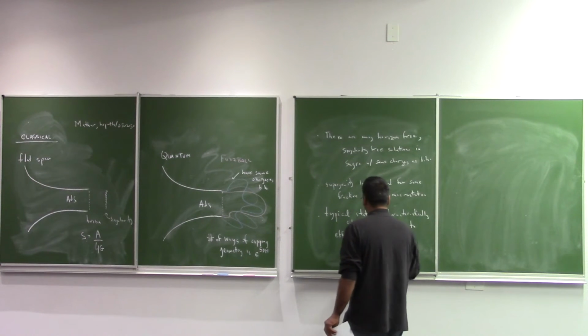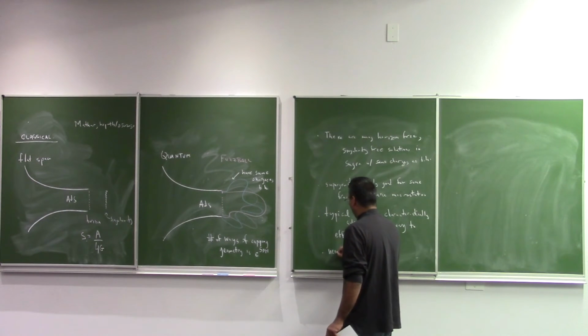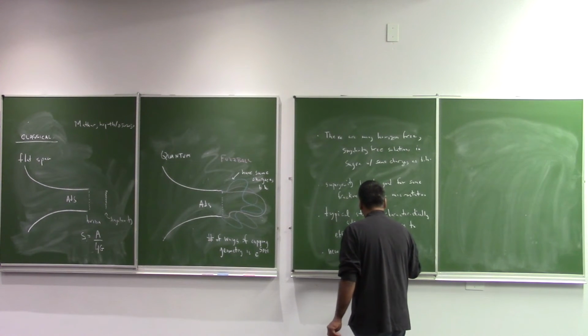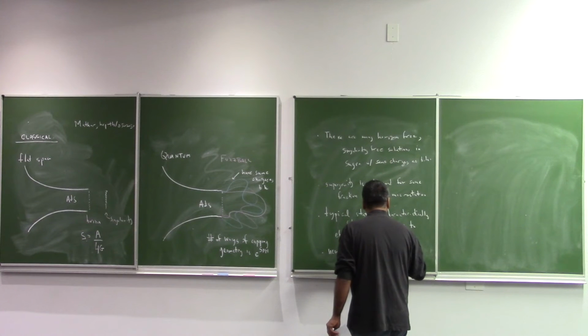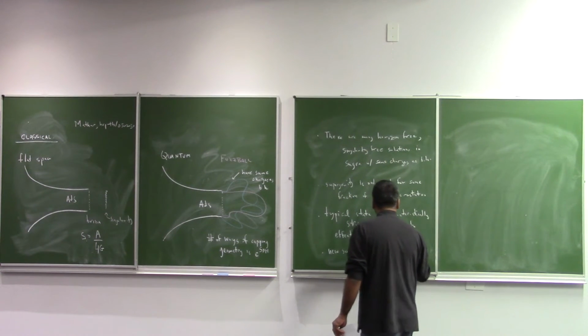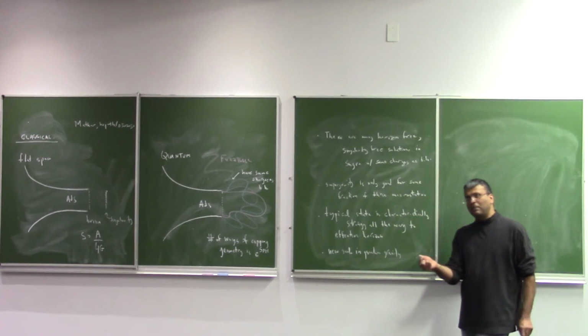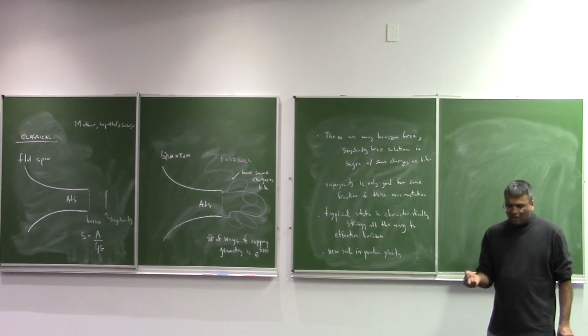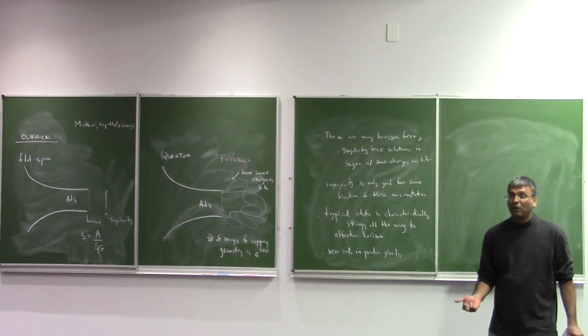Which tells us there's a new scale in quantum gravity. We discussed last time that a solution to the information paradox might be that there is information encoded within a Planck distance of the singularity.